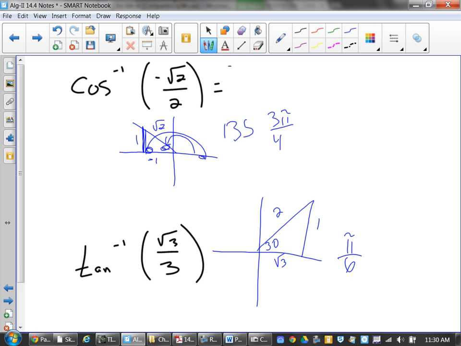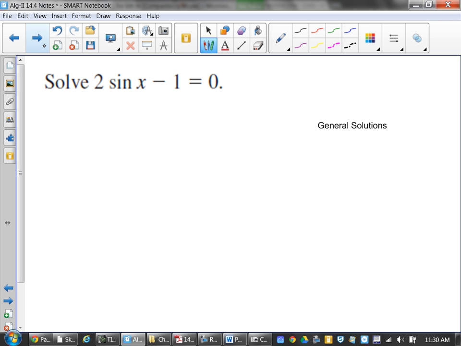What I'm going to change this into ever so slightly today is to find all the angles within one revolution that have cosine of negative root 2 over 2, that have the tangent value of root 3 over 3. So we're going to figure out the other angles that have that. It's not that bad, but it's going to be written very slightly different. Instead of it like this, it's going to start out like this. And I'm going to solve for x.